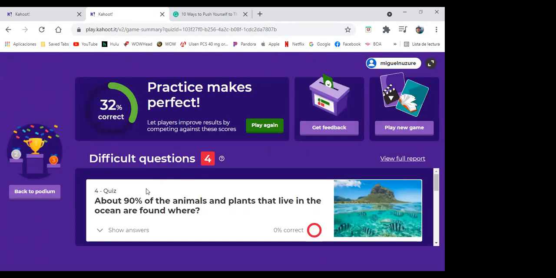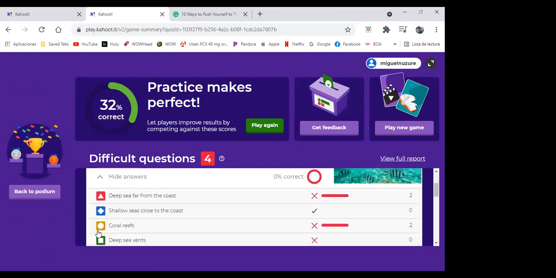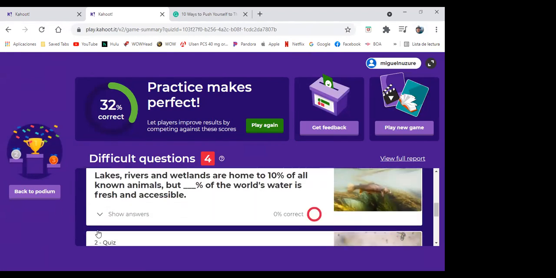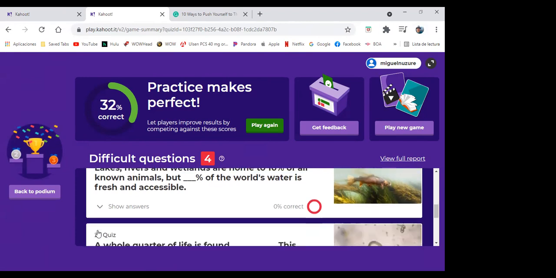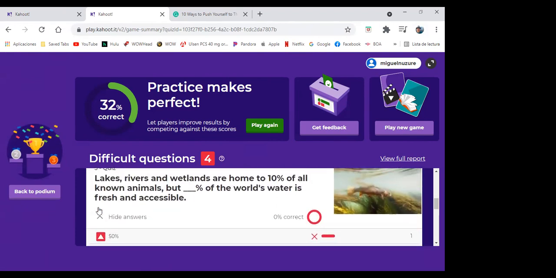Difficult question. What's this one? About 90% of the animals and plants that live in the ocean are found where? Shallow seas close to the coast. The other one was lakes, rivers, and wetlands are home to 10% of all known animals, but less than 1% of the world's water is fresh and accessible.